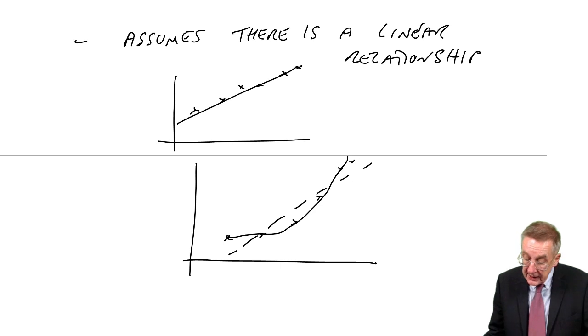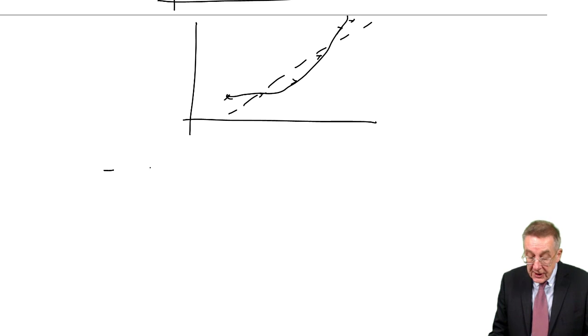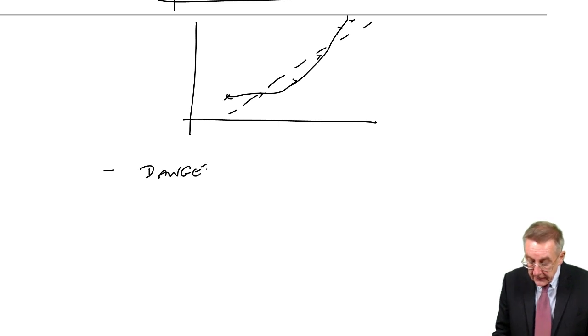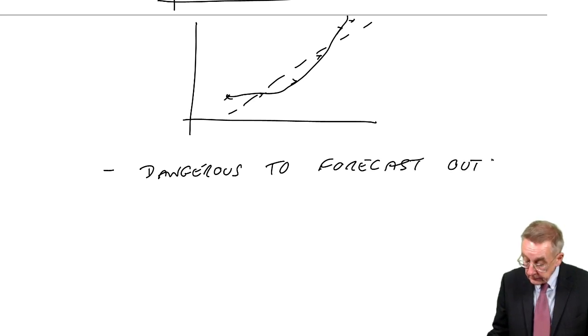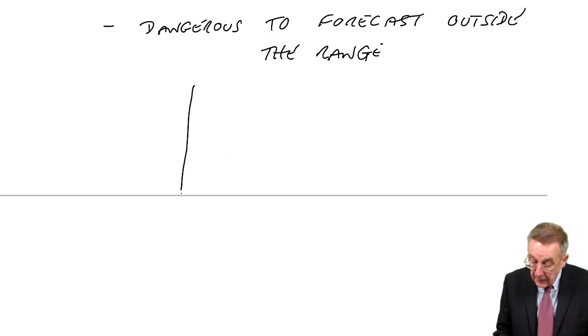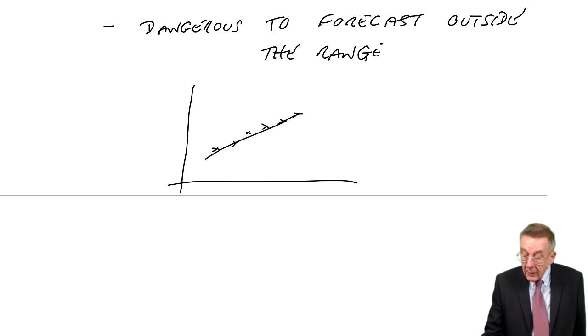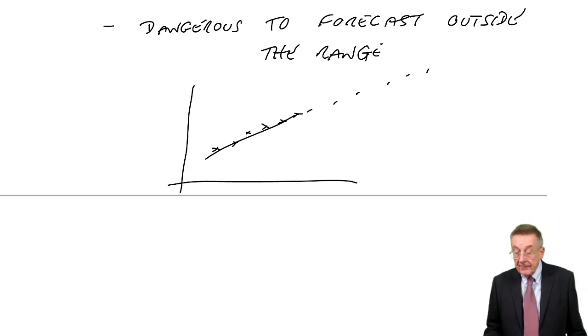The other reservation we'd have, a bit like high-low, is it's dangerous to forecast outside the range. Just as I said with high-low, you see, it may be that our observations are very, very linear, but we can't assume they would carry on being linear.